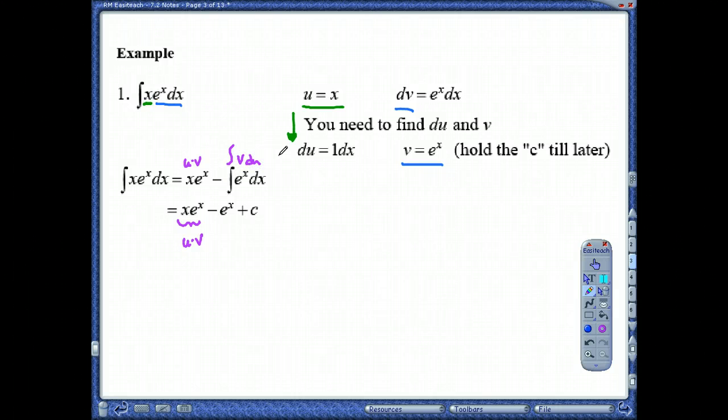Okay, so it kind of makes a nice little zigzag here. So you have your u dv, and then out in front you're going to have your uv, and then inside your integral you're going to have your v du. And then hopefully this is something you can integrate, and we can. So this is our entire answer. X e to the x minus e to the x plus, of course, your c.